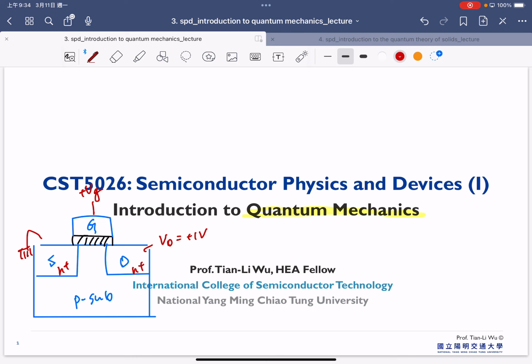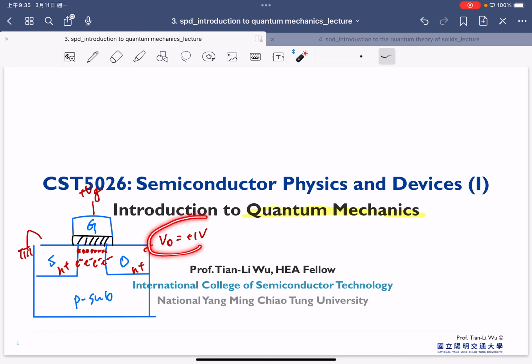Once we apply the positive gate bias, we can imagine that certain electrons can be attracted. That's basic physics: once you apply a positive gate bias, the electrons are attracted here. And because this is a perfect insulator, the electrons can only stay in this region. So this is our electron.